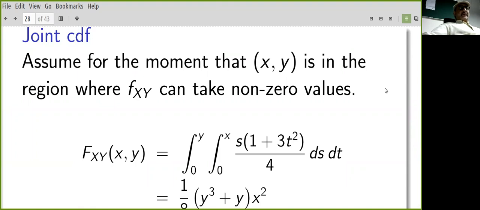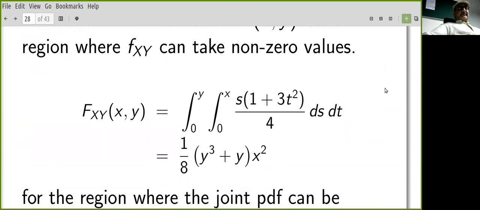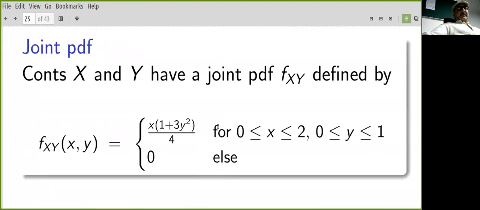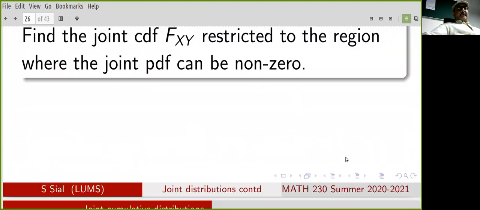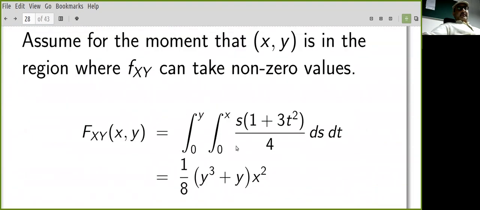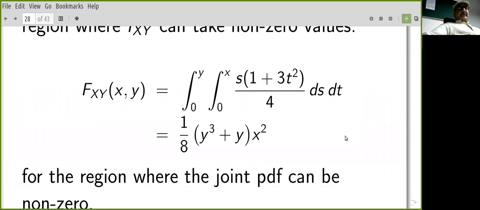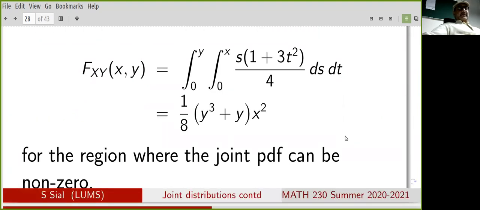So in the region where you get non-zero values of f_XY, it's the integral from 0 to x, 0 to y of s times (1 plus 3t squared) over 4, ds dt. And if you do that integral, you get 1/8 (y cubed plus y) times x squared in the region where the joint PDF can be non-zero.